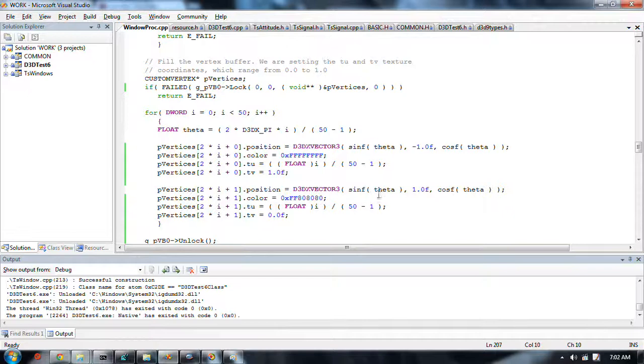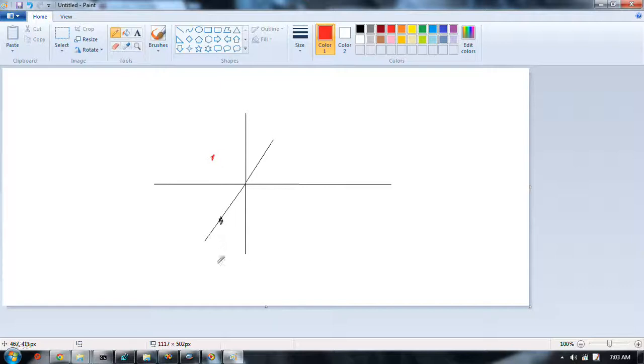The next point is the same x and z, but y equals plus 1. So the other point is down here.